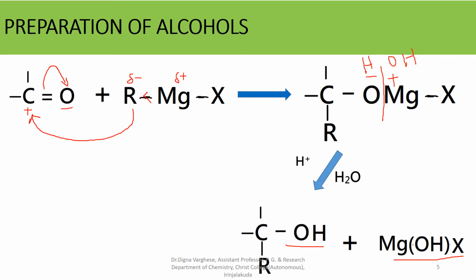So in the preparation of alcohols, a carbonyl compound reacts with a Grignard reagent, undergoing nucleophilic addition to form an adduct first, which undergoes acid hydrolysis to give alcohols.